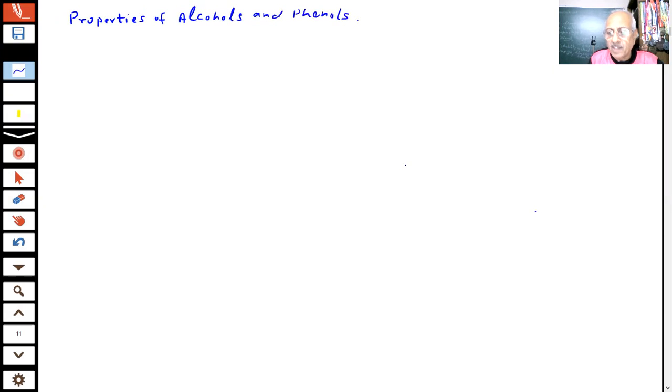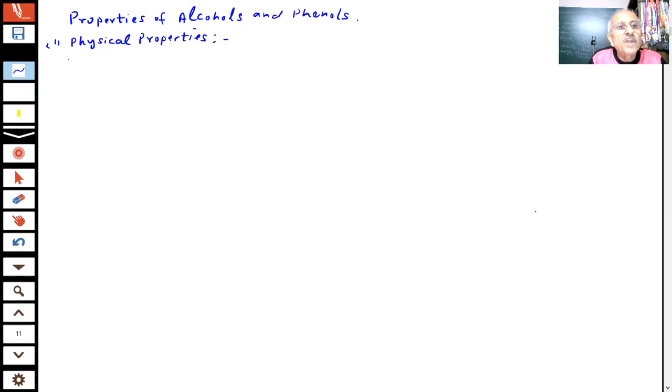Whenever we discuss the properties, we first discuss the physical properties. What we discuss most of the time are boiling points and their solubilities in water.